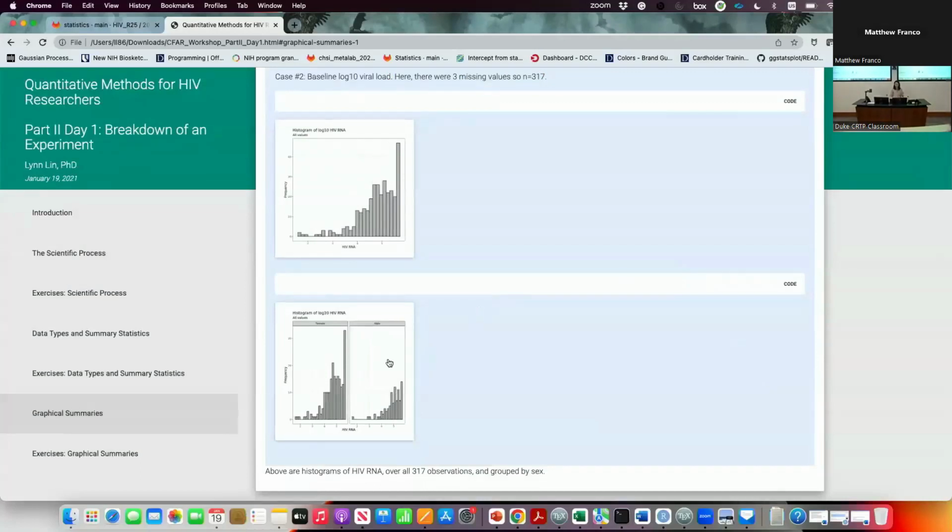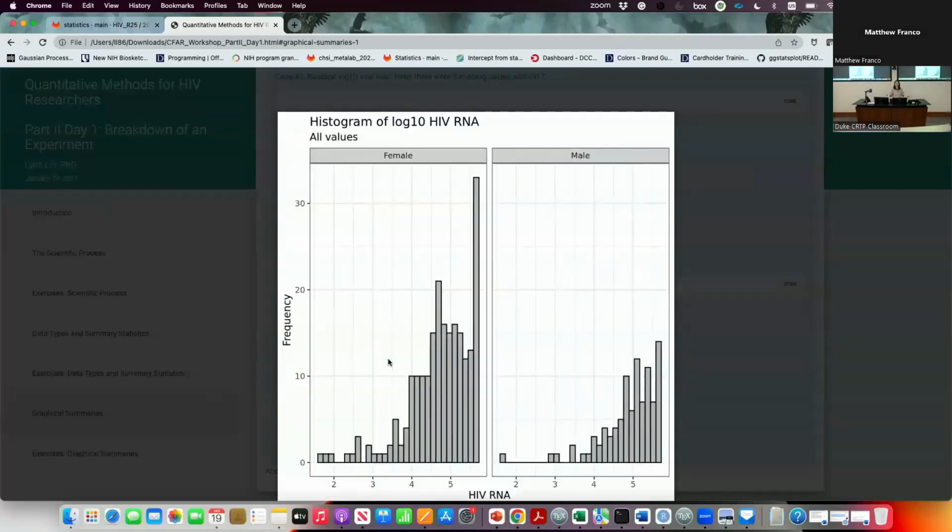Well, obviously, this is just a visualization. Different people may have different perspectives. For example, in this histogram there may be no clear, distinct difference. So different people may describe or understand this visualization in different ways.